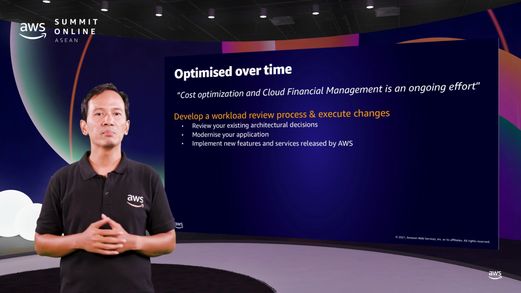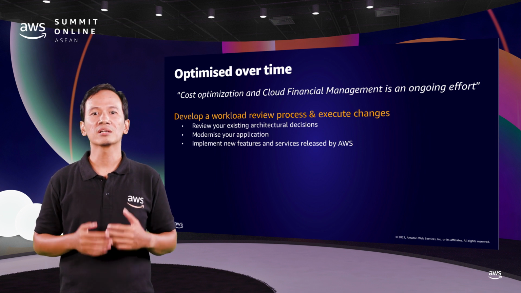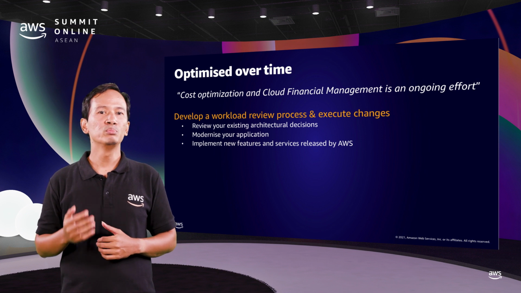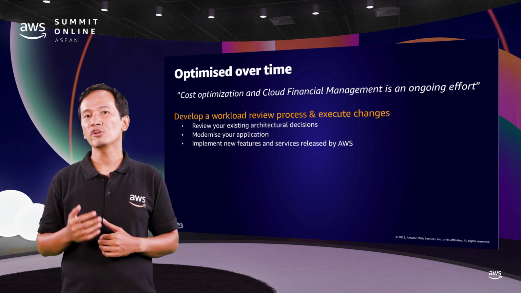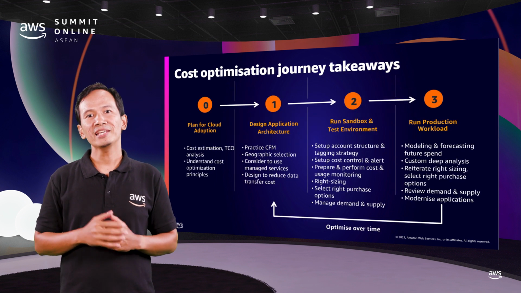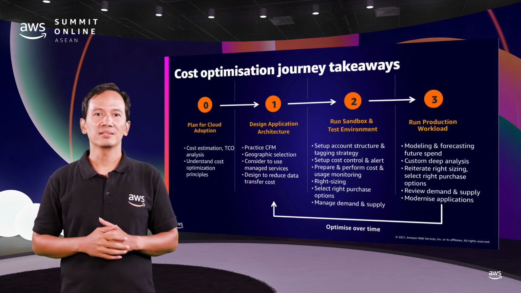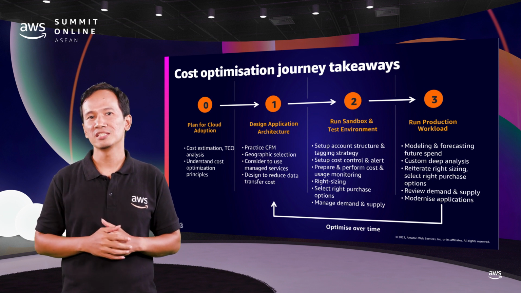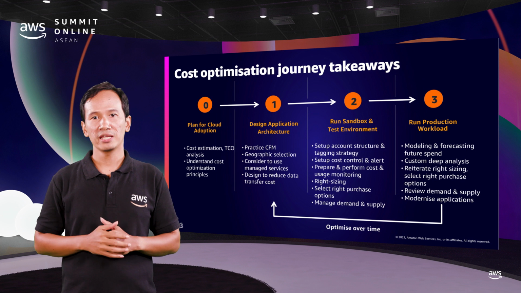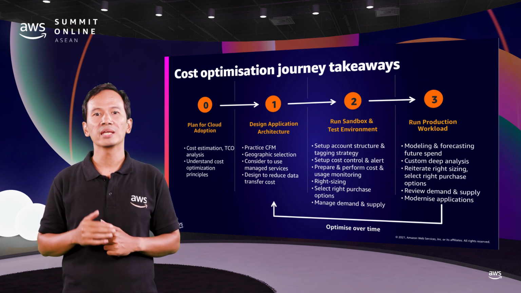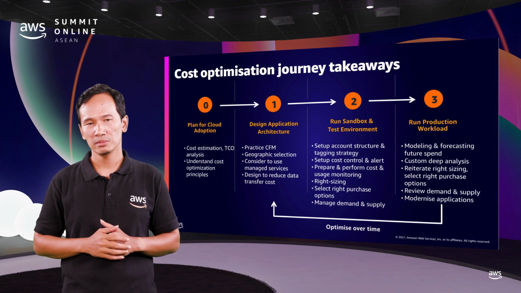You have to always remember that cost optimization and cloud financial management is an ongoing effort. You have to build the muscle memory of your organization to practice optimizing costs. I'd like to leave you with this takeaway slide that summarizes the know-hows in every stage of your cost optimization journey. In the very first stage, it is important to have basic knowledge about cost optimization and understand the principles.